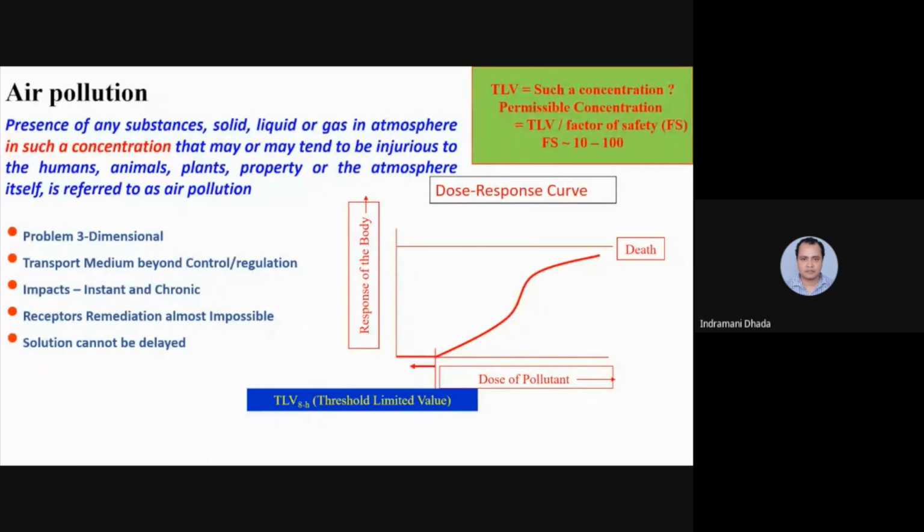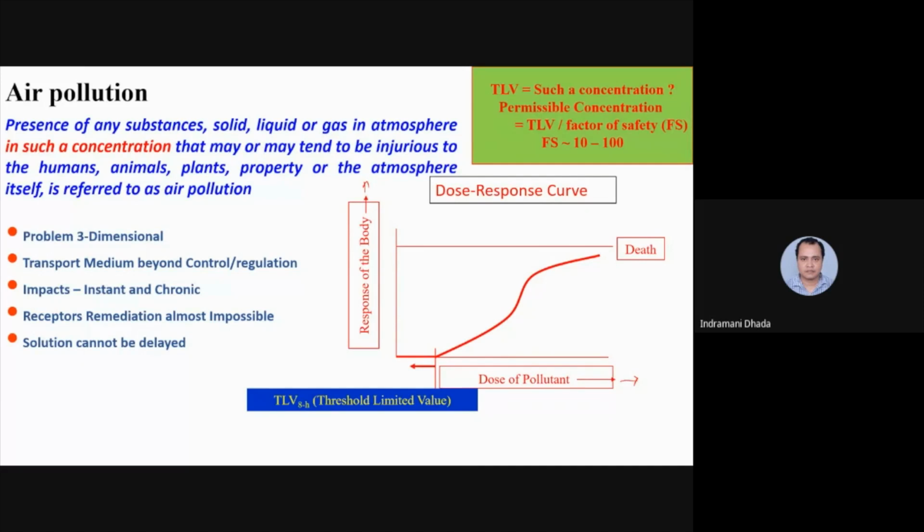So on the right side you can see there is a curve, dose of pollutant. In the x-axis the dose of pollutant is there, and in the y-axis the response of the body is there. Suppose, how are we defining this dose? Suppose for SOx, I define the concentration as 40 ppm. Okay. On what basis have I defined it?